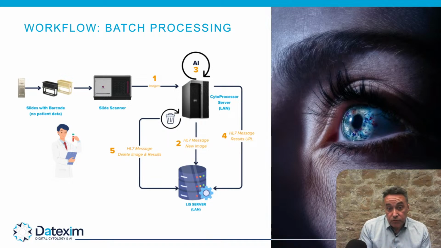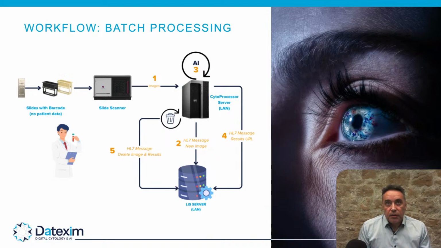Automatically, CytoProcessor will analyze the image, and when the results are ready, it will send a new message to the LIS to say, now you can also look at the results of CytoProcessor. So here again, we send a link to the LIS so that when you click on this link, you will open CytoProcessor on the results.